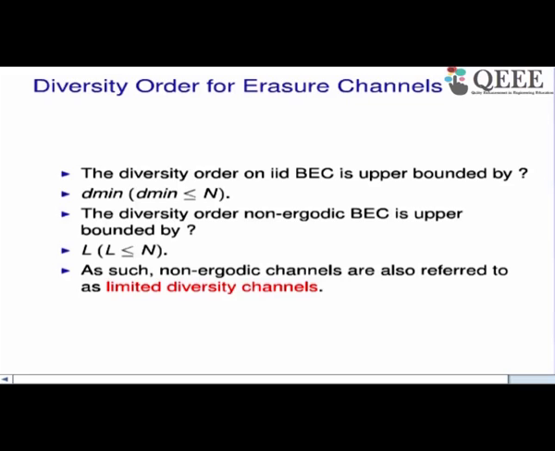The number of independent replicas that you are going to get on an ergodic channel is going to be much more than the number of replicas that you are going to get in a non-ergodic channel. So remember that this is an important classification. Non-ergodic channels are basically limited diversity channels.